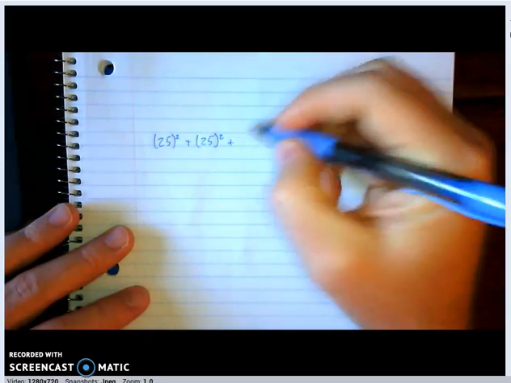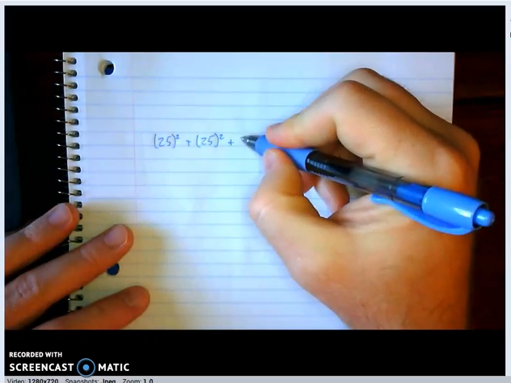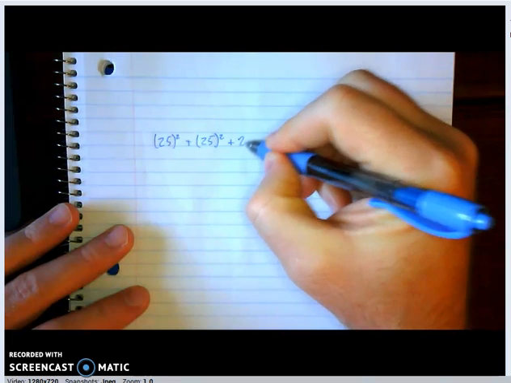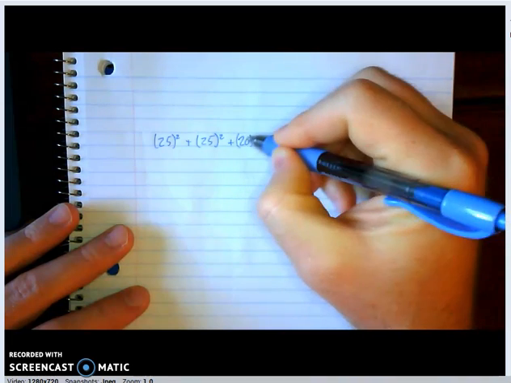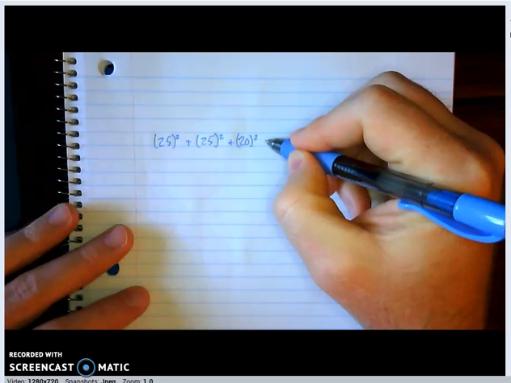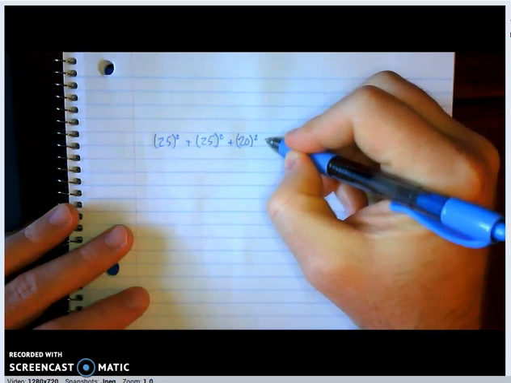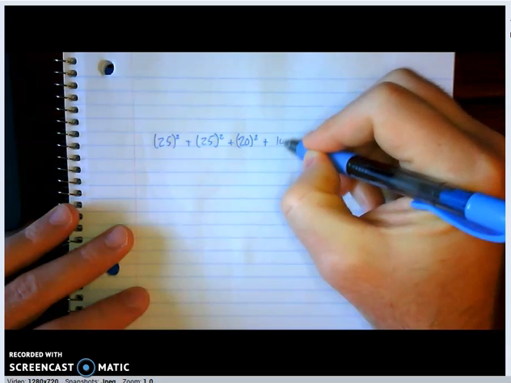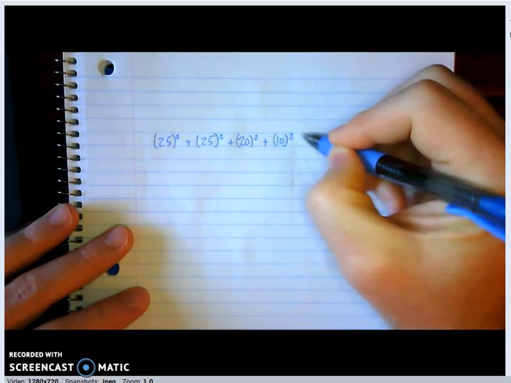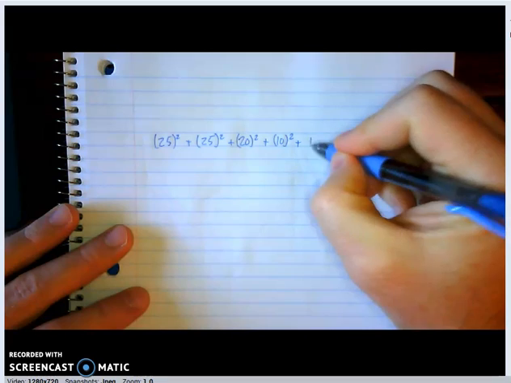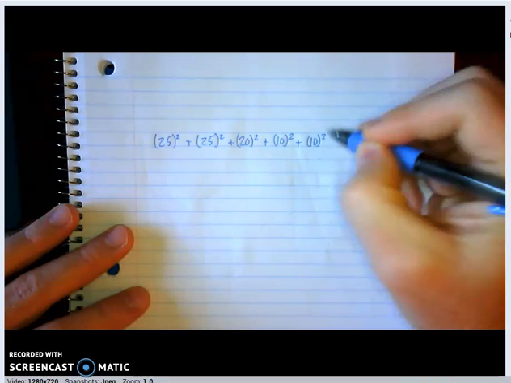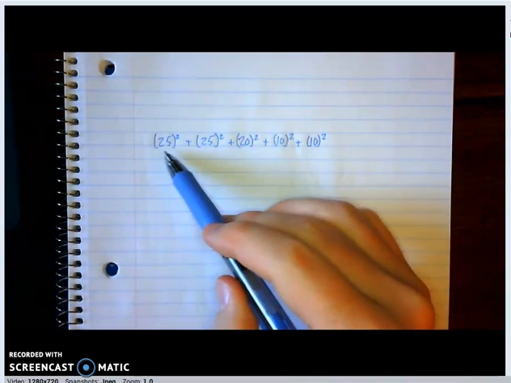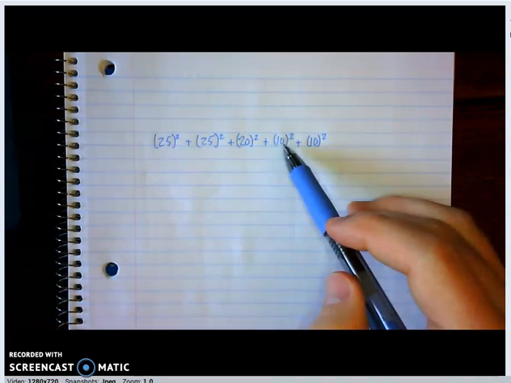And then the third company controls maybe 20% of the market, so that'd be 20% squared. And then the fourth company controls, say, 10%, so it'd be 10% squared. The next one controls 10%, so 10% squared again. And then that's 50 plus 20 is 70, 80, 90.